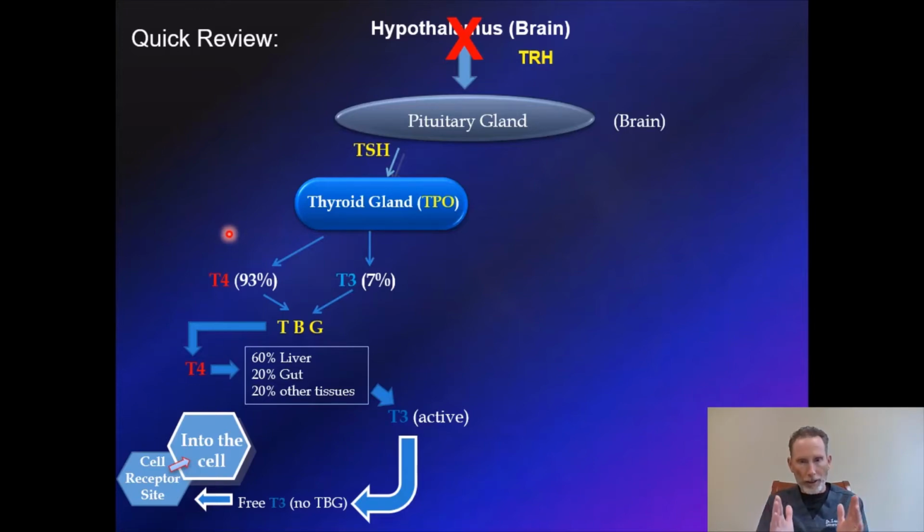But if you look at the lab ranges, you may miss that your thyroid problem is resulting from a brain-based problem. And then, of course, you could have a pituitary problem, which could also result in low TSH and even possibly fluctuating TSH, where it goes up and down. And sometimes it might even appear normal, but you need to test it more than once.